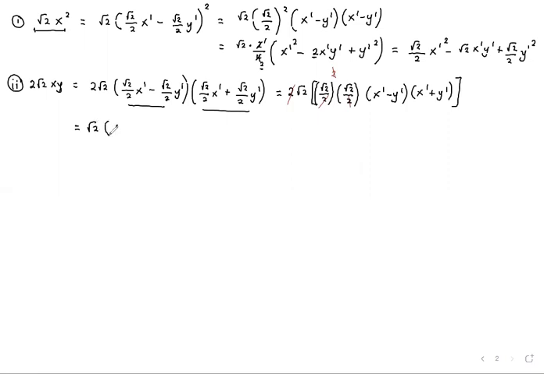So x prime squared, then plus x prime y prime minus x prime y prime, and then minus y prime squared. So you can see that this and this is 0. So here we've got root 2 x prime squared minus root 2 y prime squared.